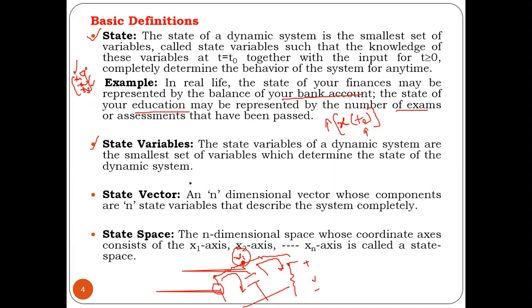And state includes all the state variables. Any number of state variables you can take, but the optimal number will be included in the state. All state variables need not be included in the state. Sometimes the voltage at this point and the voltage across this capacitor: V1 is equal to VC only. Why specify V1 and VC both?